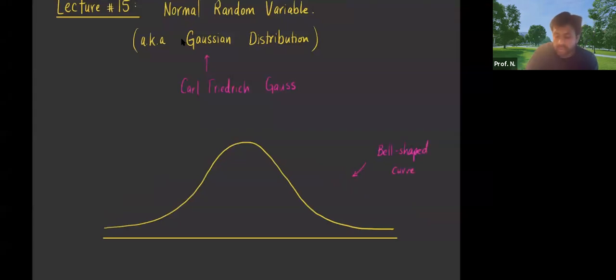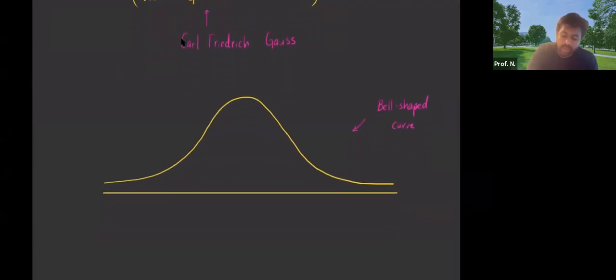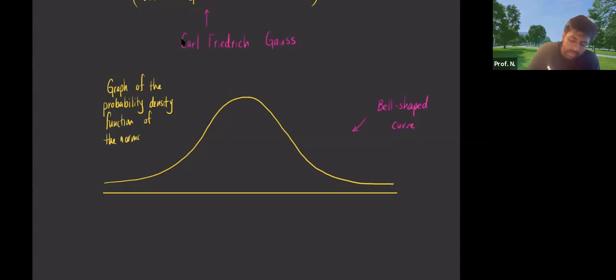So when you hear the word bell-shaped curve, immediately think the Gaussian distribution, immediately think normal random variable. And this is the probability density function. This is the graph of the probability density function of the normal random variable.